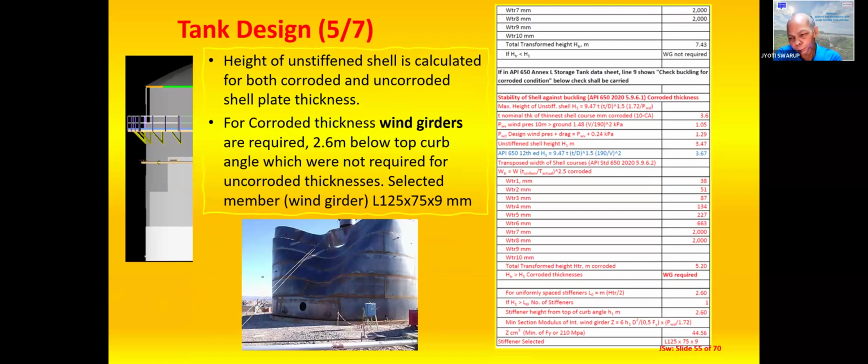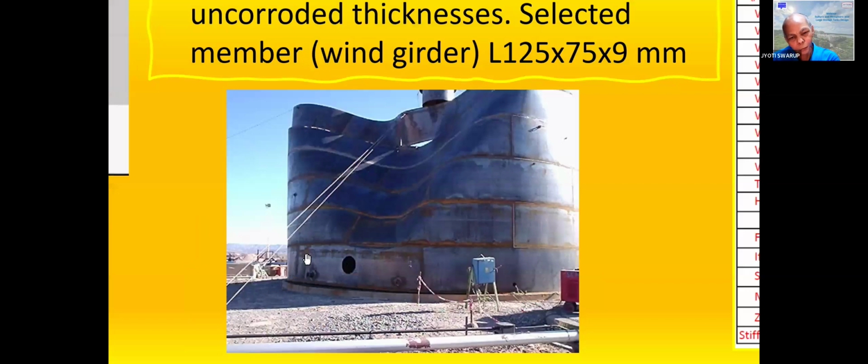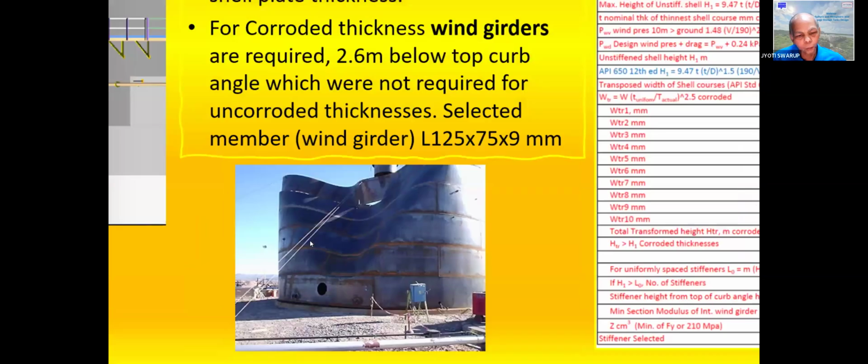But the shell has to be suitable for the life of the plant and it is going to corrode. So the thickness has to be calculated for the corroded thickness, and accordingly wind girders have to be provided. And if we do not provide wind girders, then what happens during the construction itself? The tank itself will get damaged due to the high wind load.